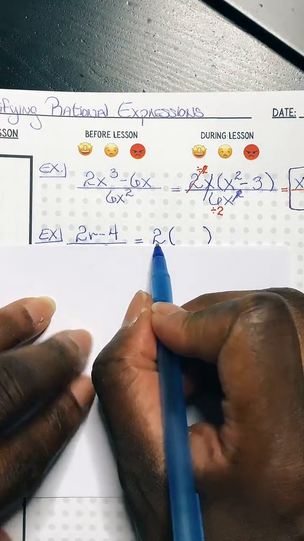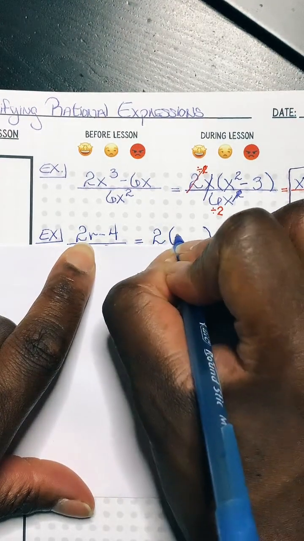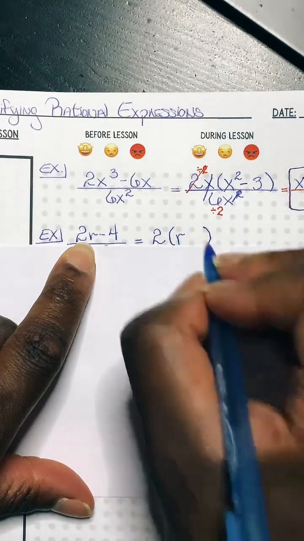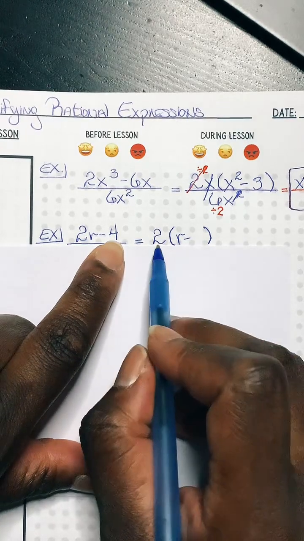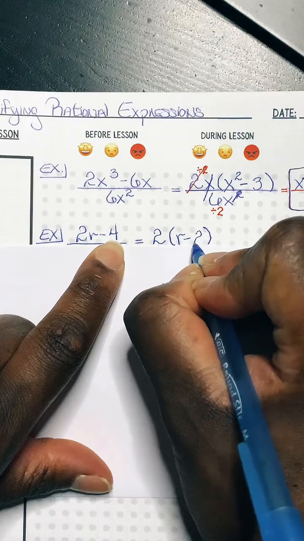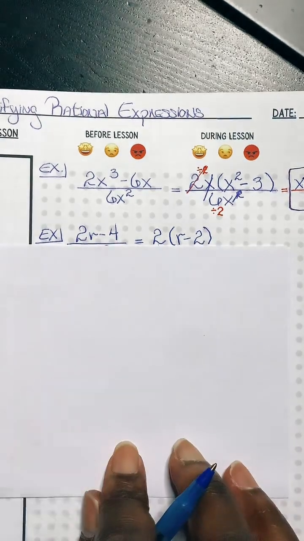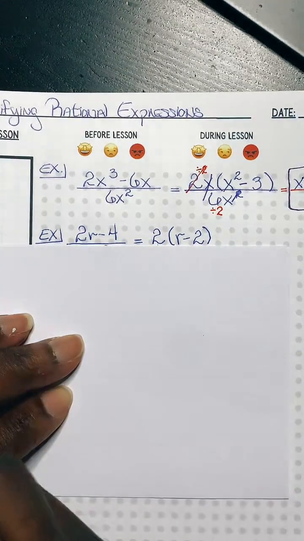Okay, so if I do 2r divided by 2, that will give me 1r. Bring down my minus sign. Then I have 4 divided by 2. 4 divided by 2 will give me 2. So it's almost like you're doing the distributive property in reverse.